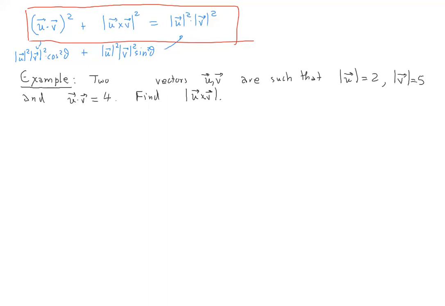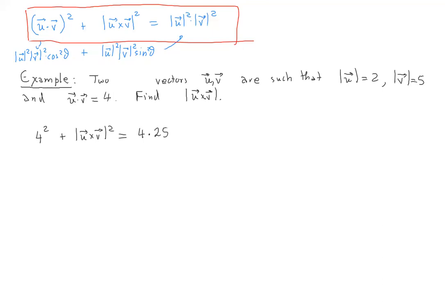Well, I hope you did it. So let's see how it's done. So basically, if we are to apply the above formula, then what are we going to get? We're going to get the dot product square, which is 4 squared, plus u cross v all squared, is equal to the square of the magnitude of u, which is 4, right, since the magnitude is 2, times the square of the magnitude of v, which is 25, since the magnitude is 5, right?